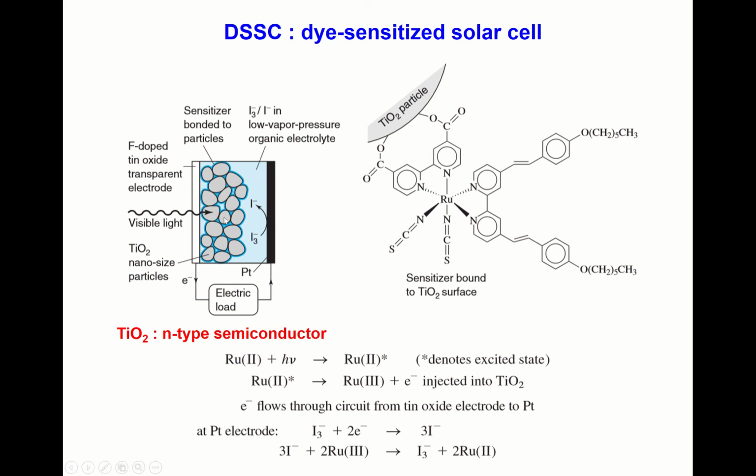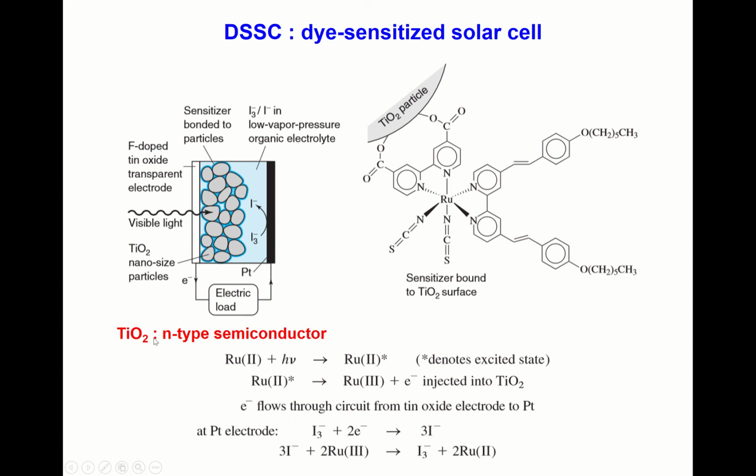Just listen to my explanation. TiO2 receives solar light. The semiconductor has an energy gap called the band gap. So the electrons in the valence band are excited to the conduction band upon receiving solar light. But since the TiO2 band gap is very high, most visible light cannot be absorbed by TiO2.